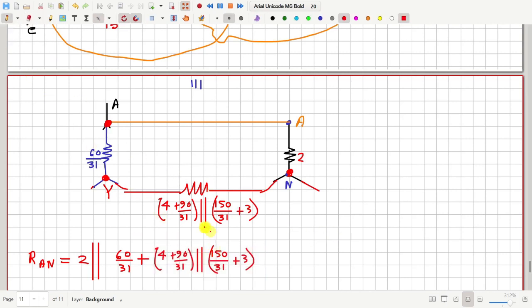So this and this, they are in series, they are added, and then the whole thing is parallel with this 2 ohm. Now if you simplify this, then this is equal to 1.4741 ohm according to my calculation.